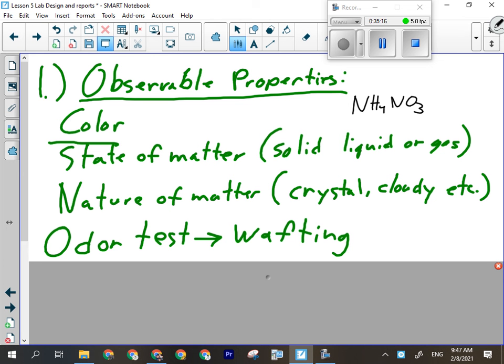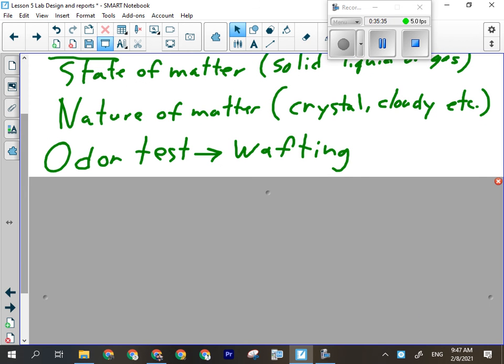I'm telling you that because that's one of the ones that would be really hard to know otherwise. The one defining characteristic of it is that it is an ionic compound, but when it dissolves in water, it gets colder. So that's our solubility test.